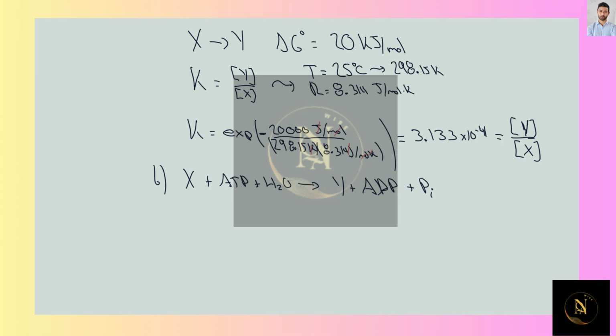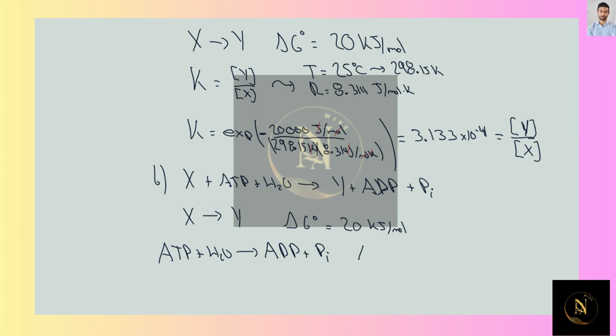Now, this reaction we can separate into two different equations. X directly being transformed into Y with a delta G naught equal to 20 kilojoules per mole, and the hydrolysis of ATP: ATP plus water going into ADP plus inorganic phosphate.